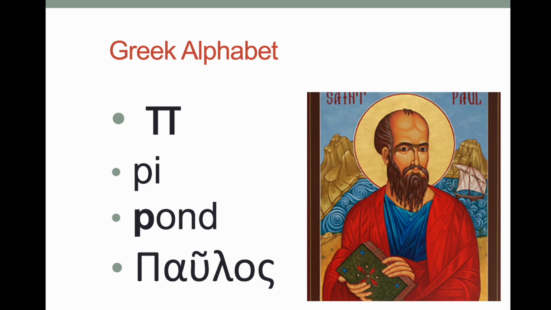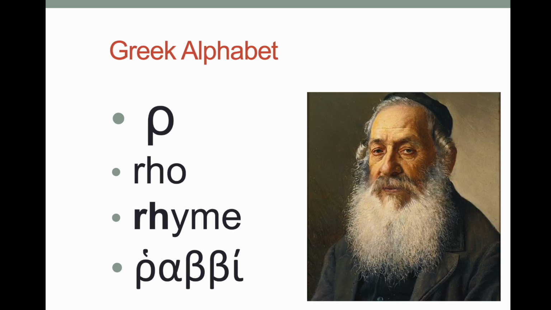The next letter is a pi, and it makes a p sound like the word pond. And the example I have there is the proper name for Paul, Paulos. And there's a picture of St. Paul right there. The next letter is a rho.